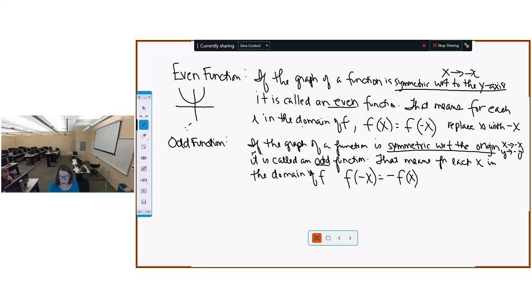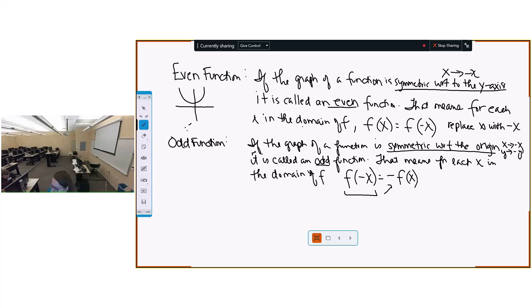So they've changed the x to a -x, okay? That means it's symmetric with respect to the y-axis, but then they changed the whole output. They changed this to a negative, so that's like changing y to a -y, because f of x is y, okay? It's your output.